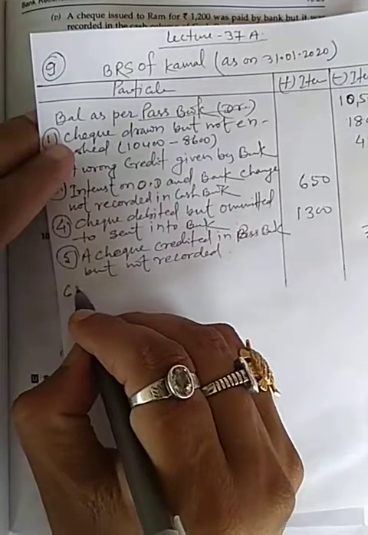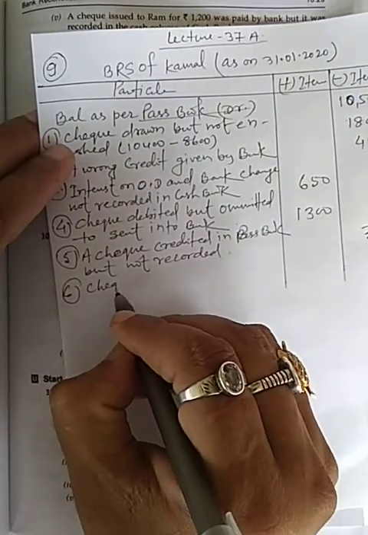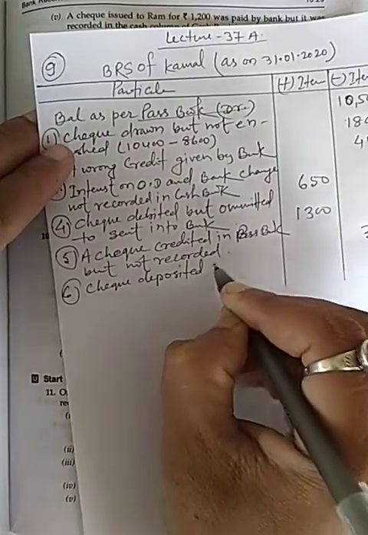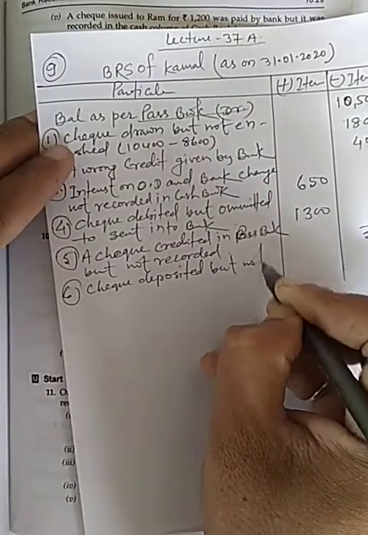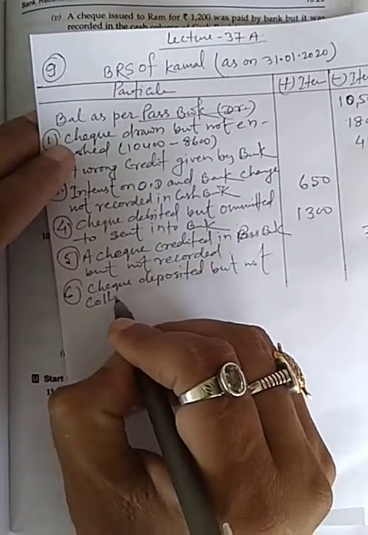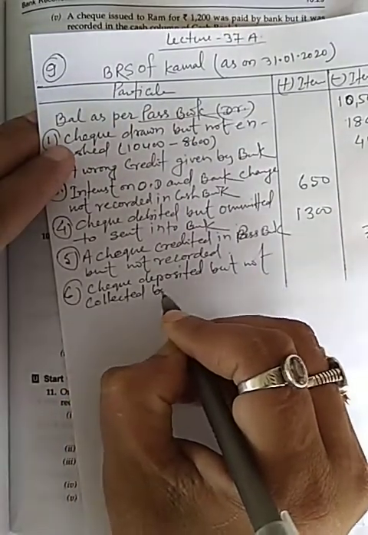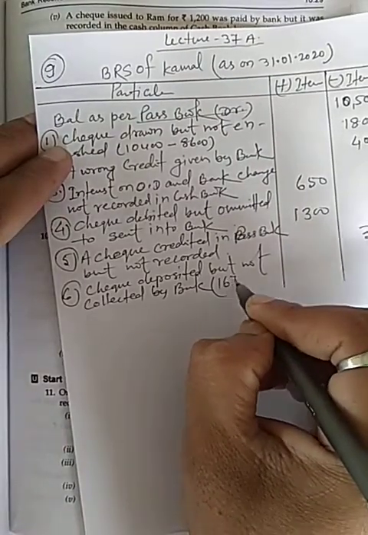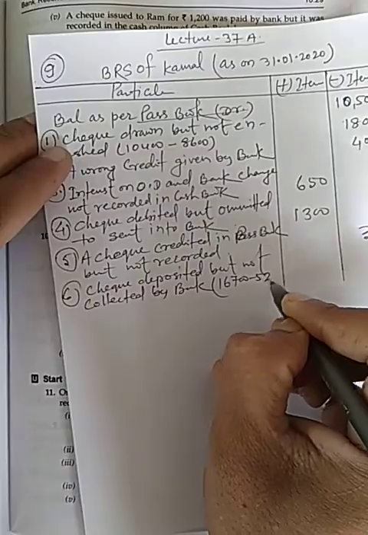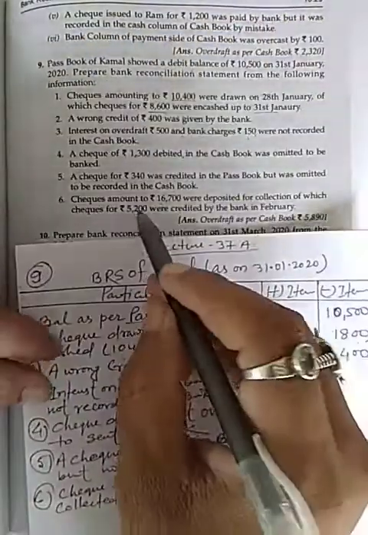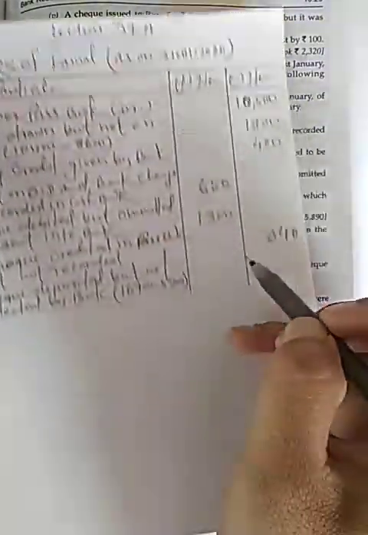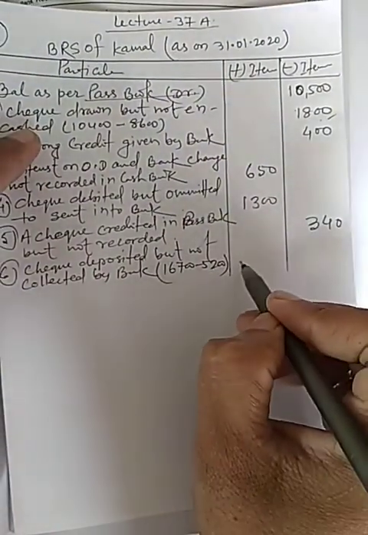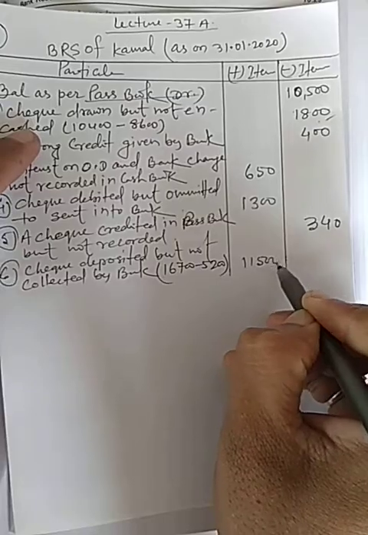I will write sixth point: check deposited but not collected by bank. 16,700 minus 5,200. Remaining balance will be 11,500 in plus side.